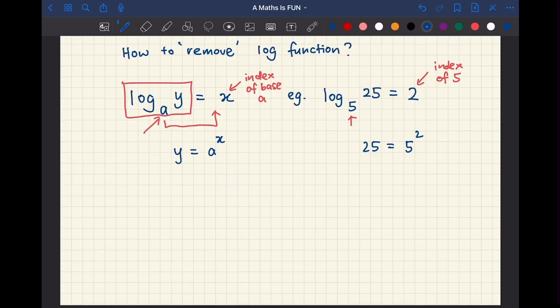In a casual sense, the 5 goes over as the base, and the 2 moves up to be the power. That helps you remember it. But conceptually, this 2 represents the index of base 5. Therefore, 25 equals 5 to the power of 2.